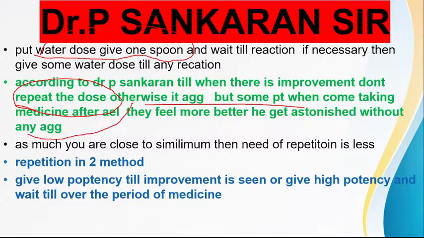So from this experiment, Dr. Sankaran sir concluded that in acute phases you can repeat the medicine even after the improvement has started. In chronic cases we always say that if there is improvement, don't repeat the medicine. But Dr. Sankaran sir clearly said that in the acute phase, even if improvement starts, you can still continue your medicine, and the patient feels great improvement in a very short period.